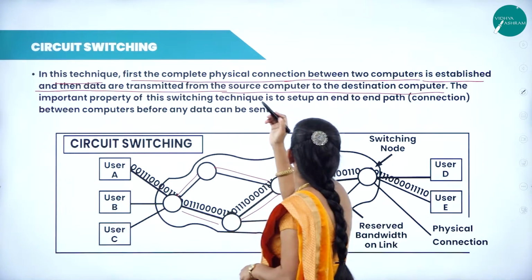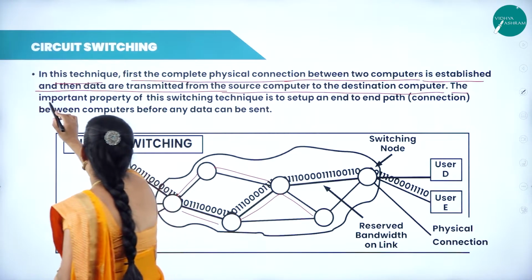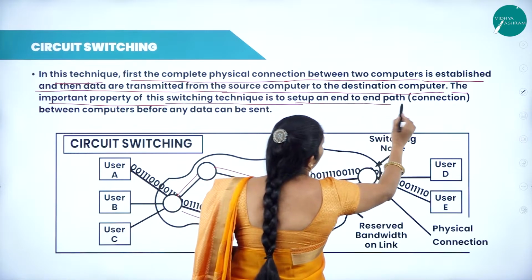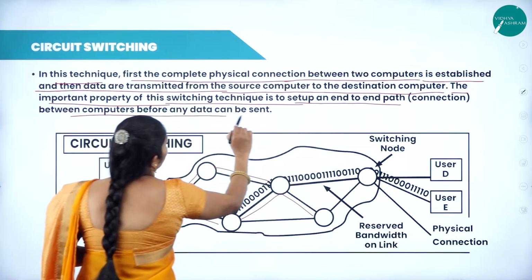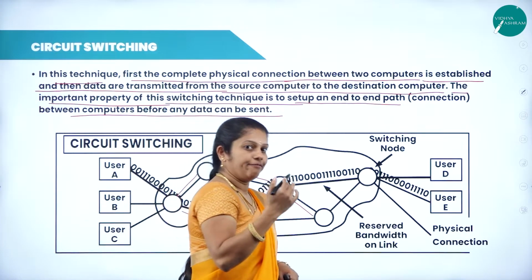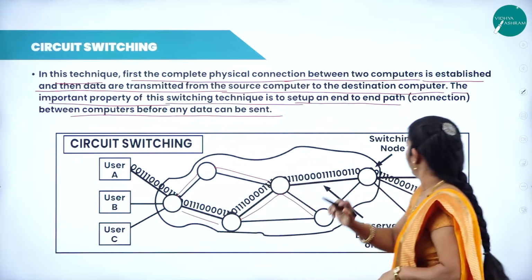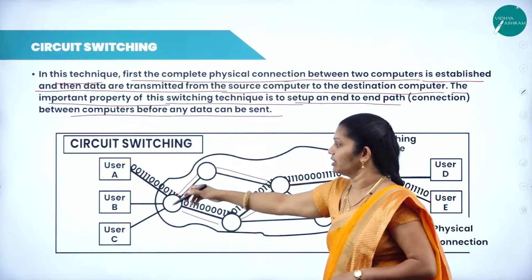Especially when we come to circuit switching, the important property of this switching technique is to set up an end-to-end path, that is a connection between computers, before any data can be sent. It means that if I want to send data, for example, from user A to user D, then in between we have several nodes.